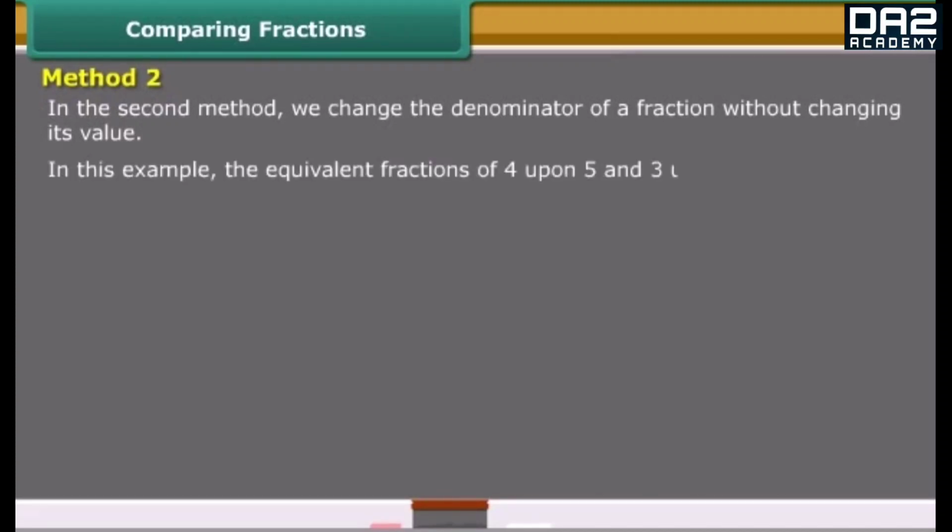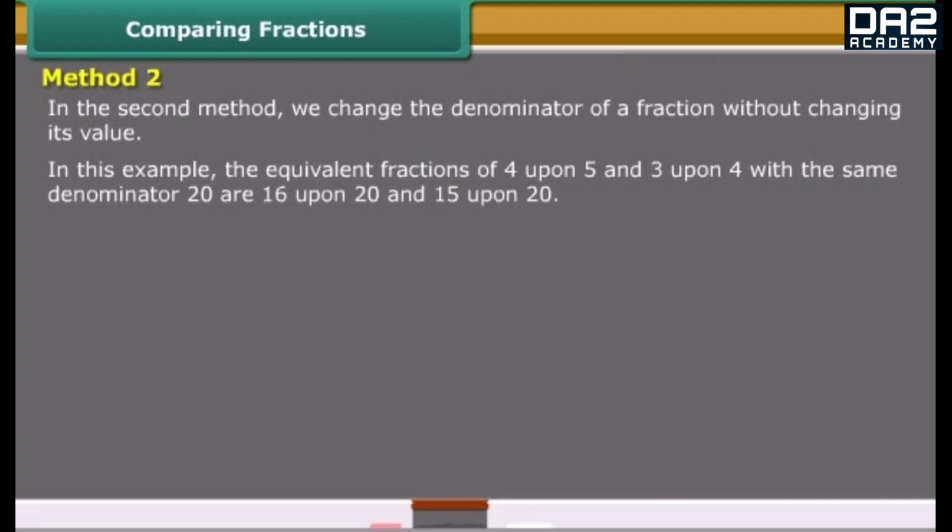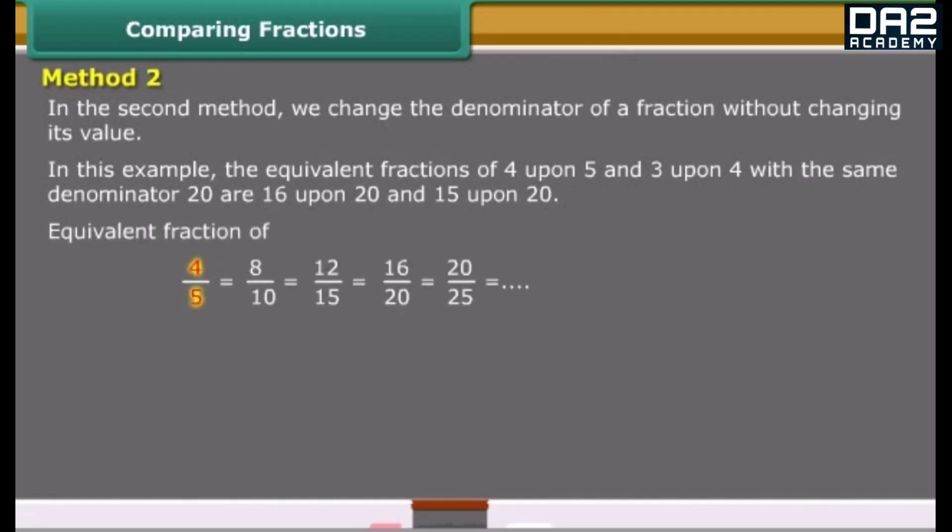In this example, the equivalent fractions of 4/5 and 3/4 with the same denominator 20 are 16/20 and 15/20. Equivalent fractions of 4/5 are 8/10, 12/15, 16/20, 20/25 and so on.